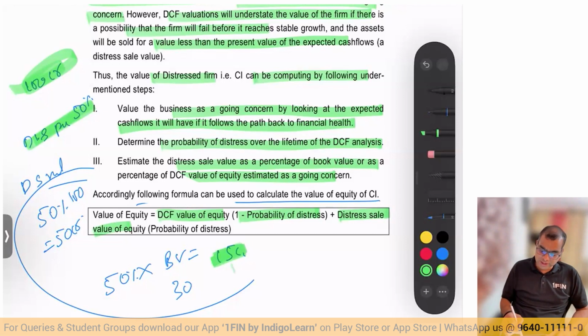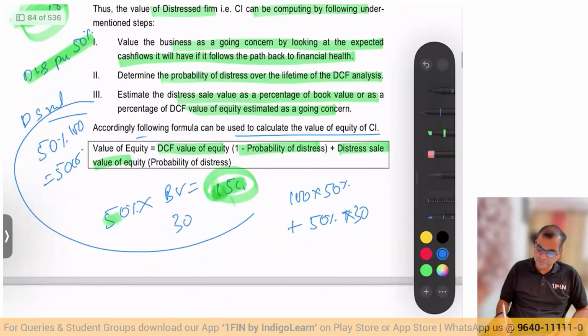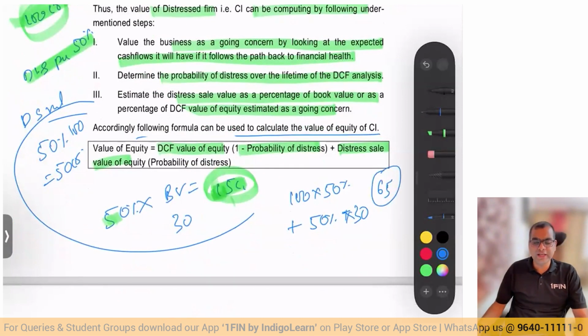So you add this 15 crores to the 100 into 50%. That is 100 into 50% plus 50% into book value of 30 crores. So you get 50 plus 15, which is 65. This is how you value. Is it clear? Yes, fair enough.